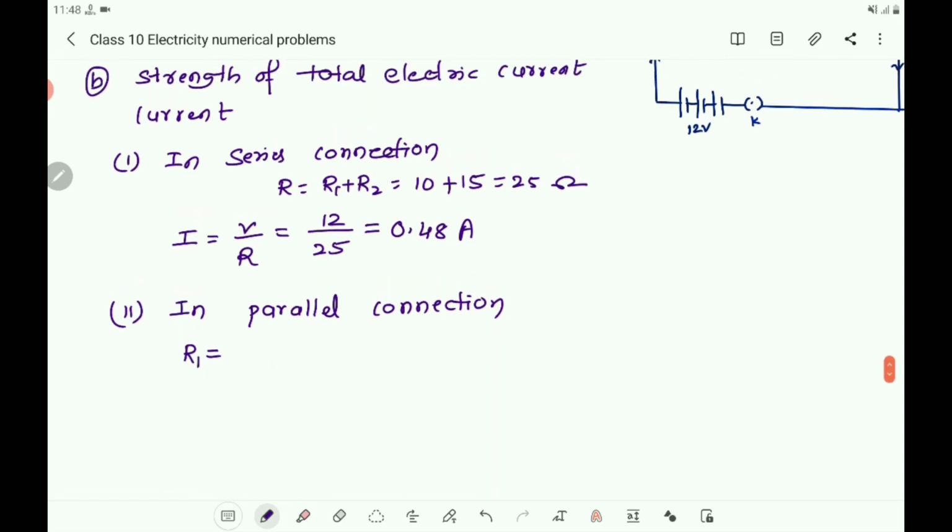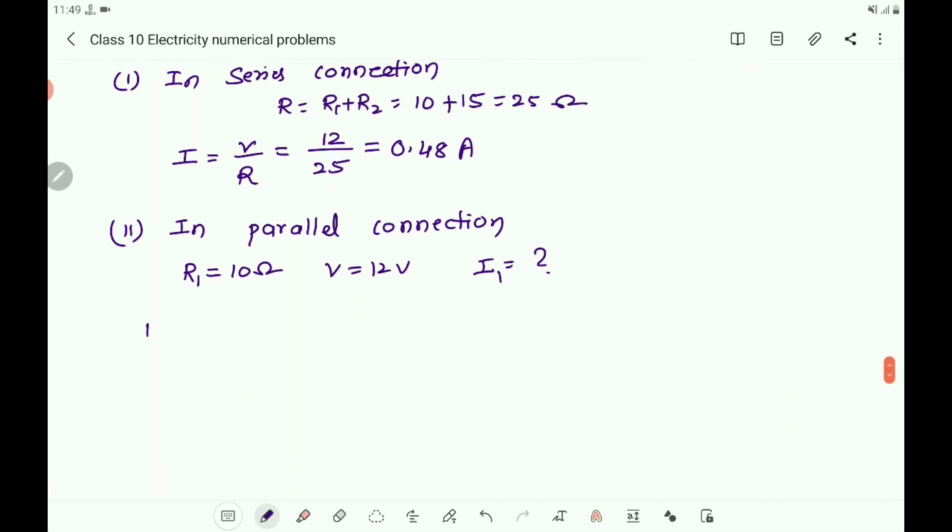R1 equals 10 ohm and V is 12 volt. Write the formula I equals V by R, that is I1 equals V by R1. V is 12, 12 divided by 10. So you will get 1.2 ampere.